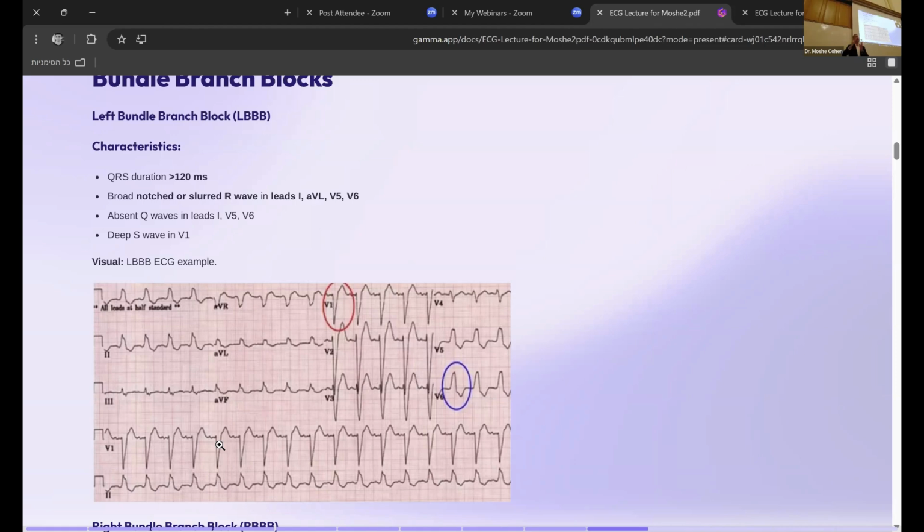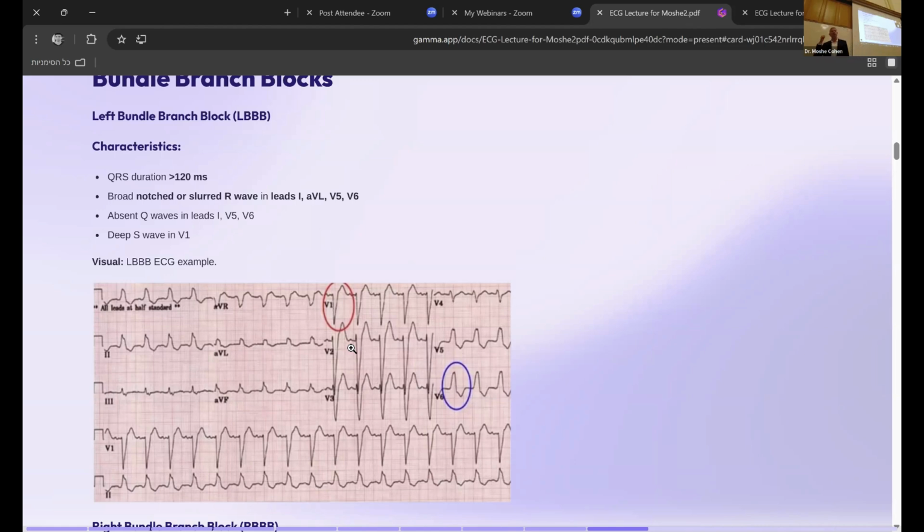QRS prolonged, it can be because of a bundle branch block. Now, remember, when you see a QRS duration of more than 120, immediately you think of a bundle branch block. When you see a very prominent R on the first lead, and a very deep S on V1, this is a very clear indication of LBBB, left bundle branch block.